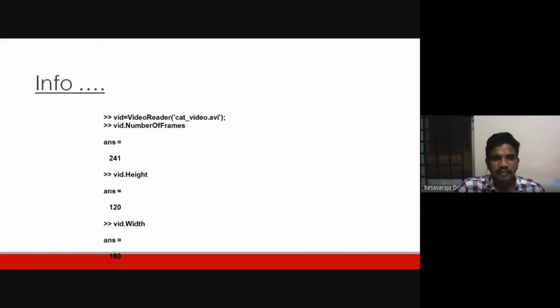So VID equals VideoReader of cat video.avi. VID points to cat video.avi. VID.NumberOfFrames returns the number of frames available in that video, because VID is a handler of the video and number of frames is an attribute. VID.Height returns the height of the video, and VID.Width returns the width of the video.